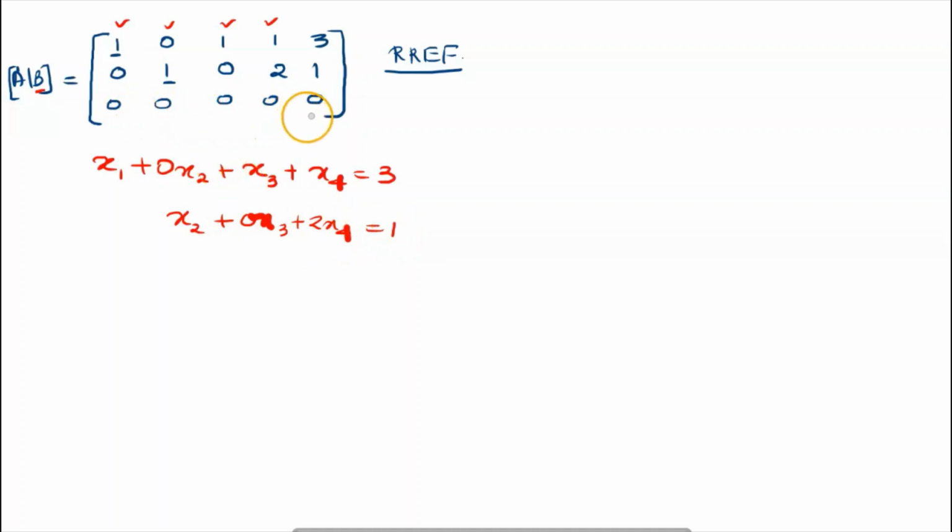The third row gives nothing, which is 0. So x1 is equal to 3 minus x3 minus x4, and x2 is equal to 1 minus 2x4.